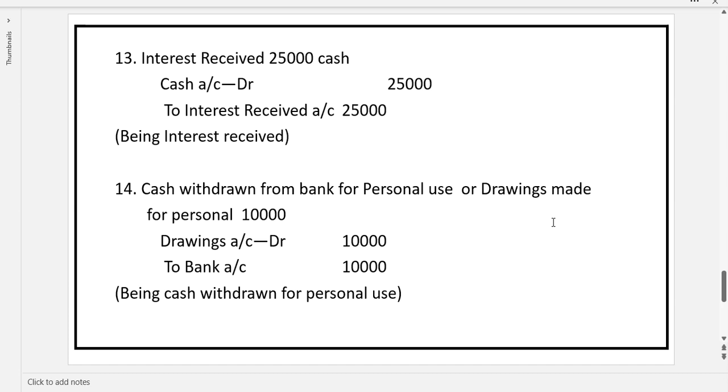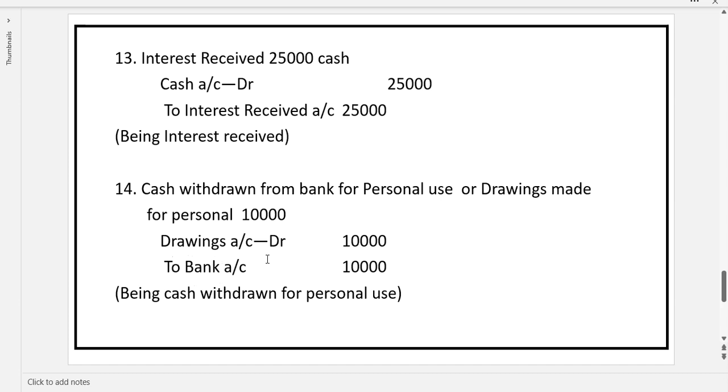Whatever amount you spend needs to be for the business purpose only, 10,000, 20,000, 40,000, whatever it is. But in this transaction, from that 1 lakh rupees, the 10,000 you have withdrawn and used for your personal purpose, not for the business.